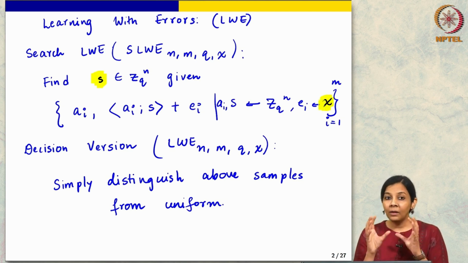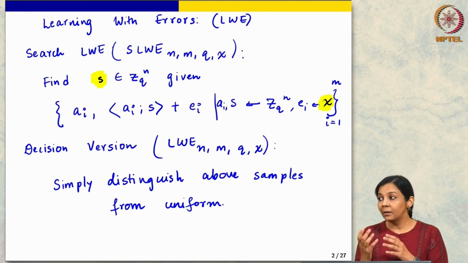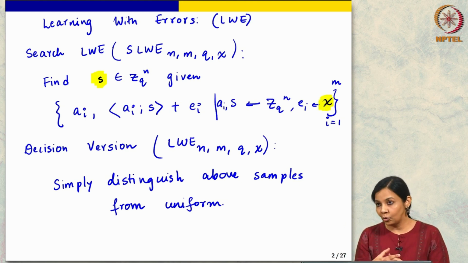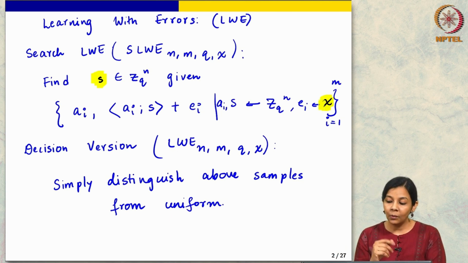At that time, the distribution of error here really matters for the reduction to work. And in fact, since I have already said so much about it, it will turn out that the nicest distribution here that works is a so called discrete Gaussian distribution. I am not going to define it in this class, at least that is not my plan, we will see.